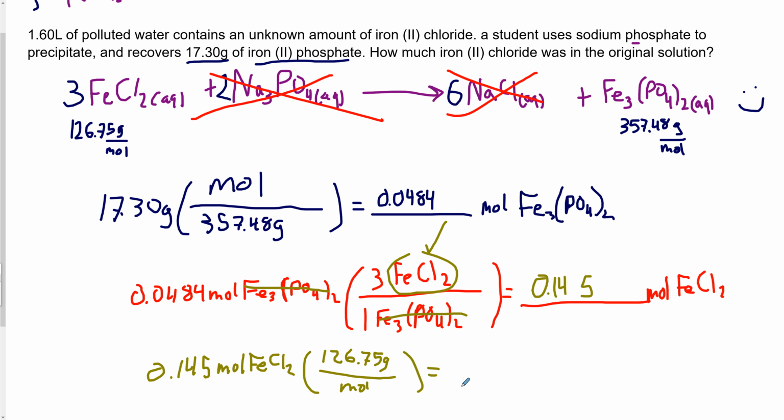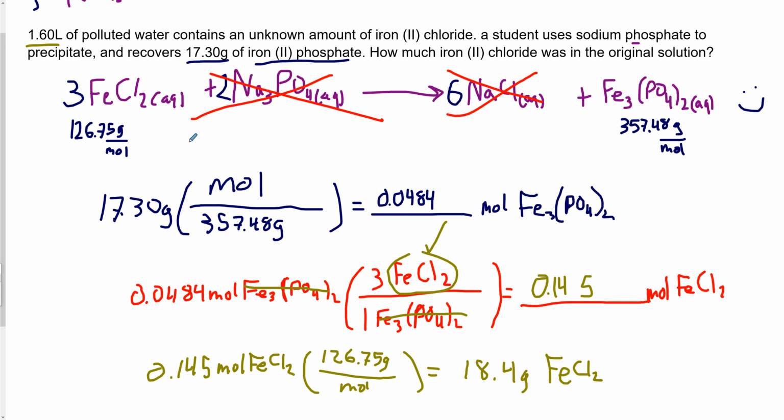Enter, we get 18.4 grams of FeCl2. In other words, 18.4 grams of FeCl2 is in the original sample of polluted water.